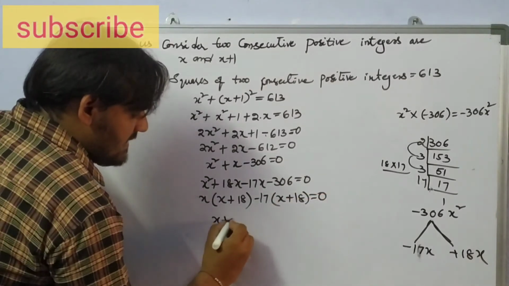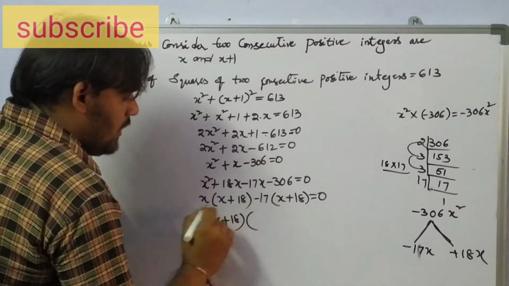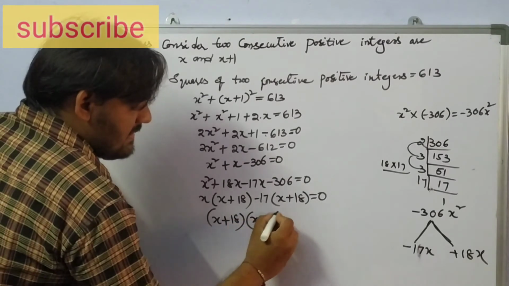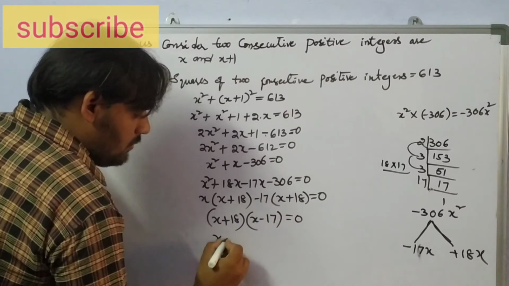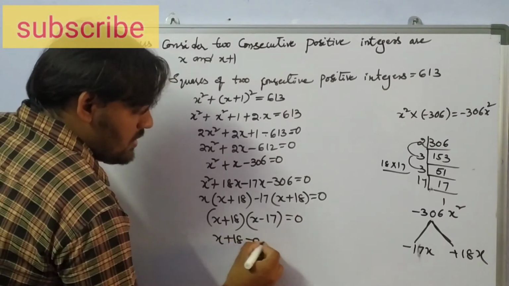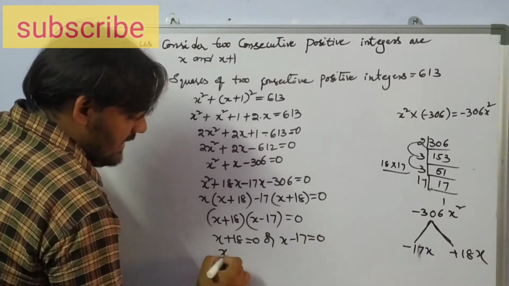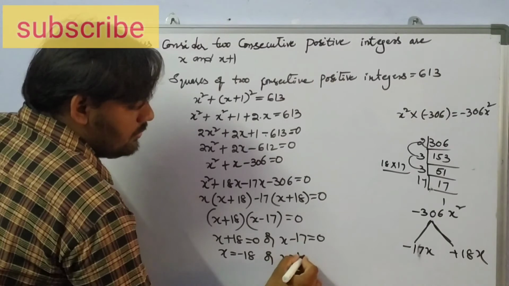Once again, x plus 18 is common. If you take x plus 18 common, x plus 18 into x minus 17 is equal to 0. Now x plus 18 is equal to 0 or x minus 17 is equal to 0. See here, x is equal to minus 18 or x is equal to 17.